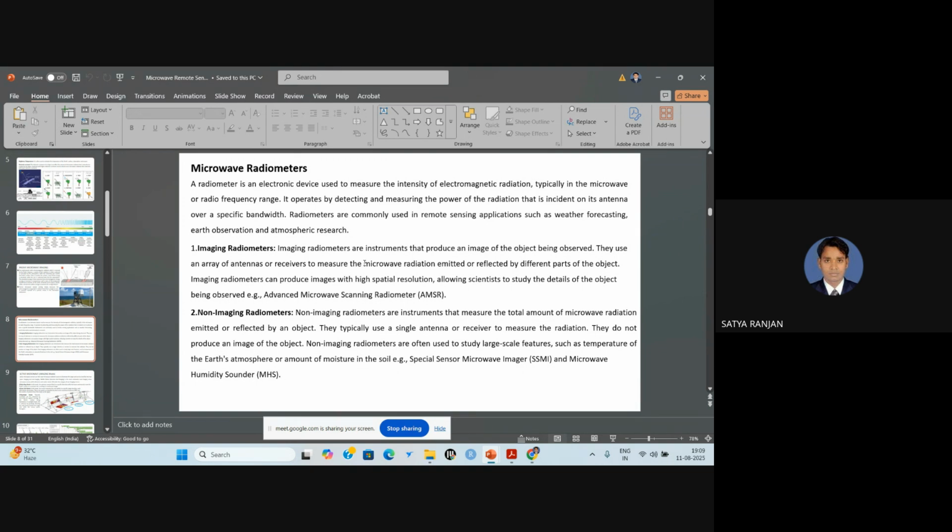So these are examples of imaging and non-imaging radiometers.